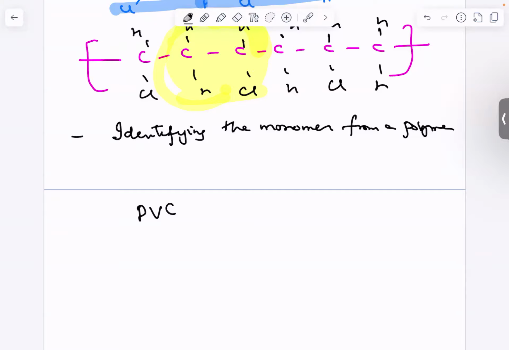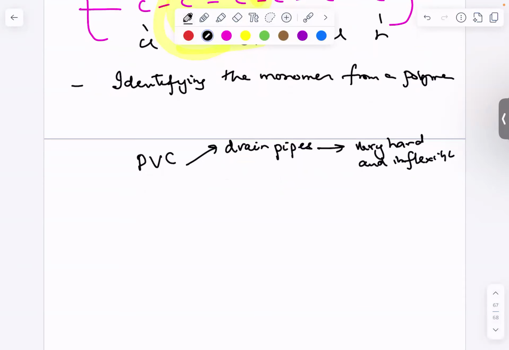Now, it is very different that PVC can be used to make drain pipes. And you know that drain pipes are really very hard and inflexible. But if you take PVC again, and in PVC you add plasticizers, then what is going to happen? You can make aprons. And you know that it's like a simple cloth. You can fold an apron, right? You can just put it away by folding it.